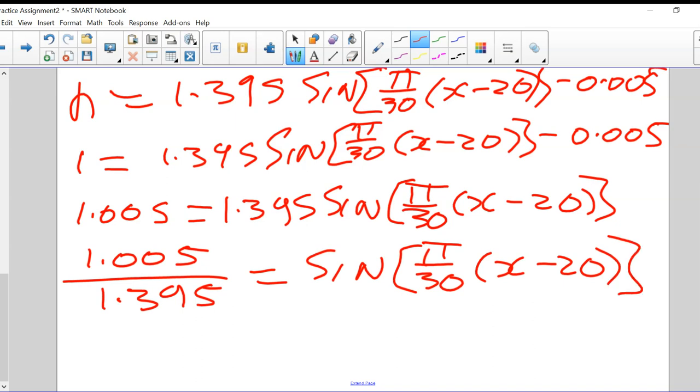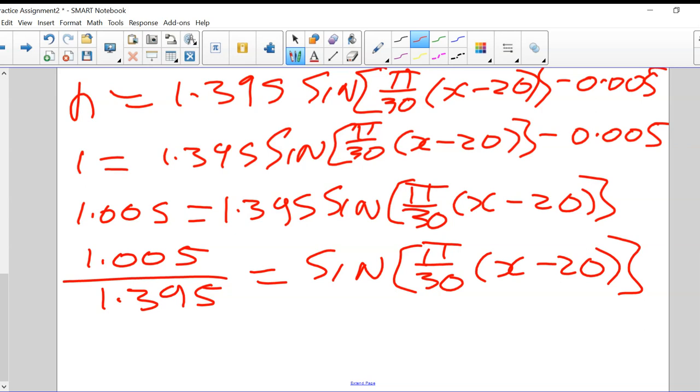Okay, that looks like we're getting closer. But we still don't have x. So what happens now? Thank you, Jeremy. Thank you, Nicholas. Inverse sine. Oh, okay. So what should I make equal to that? Inverse sine of what part, by the way?